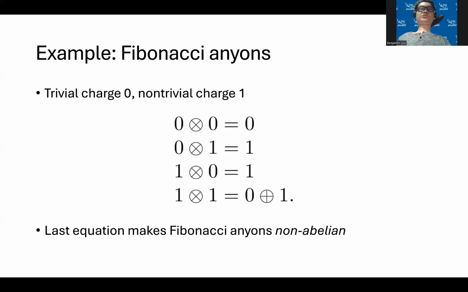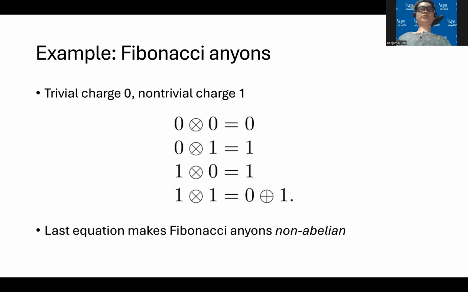And what happens when you have vacuum and another particle? What's the total charge of that? Well, it's just the charge of the other particle because the vacuum does nothing. So that explains the first 3 equations here. The last equation is the non-trivial one. It says that the total charge of 2 type-1 anyons can be either 0 or 1.